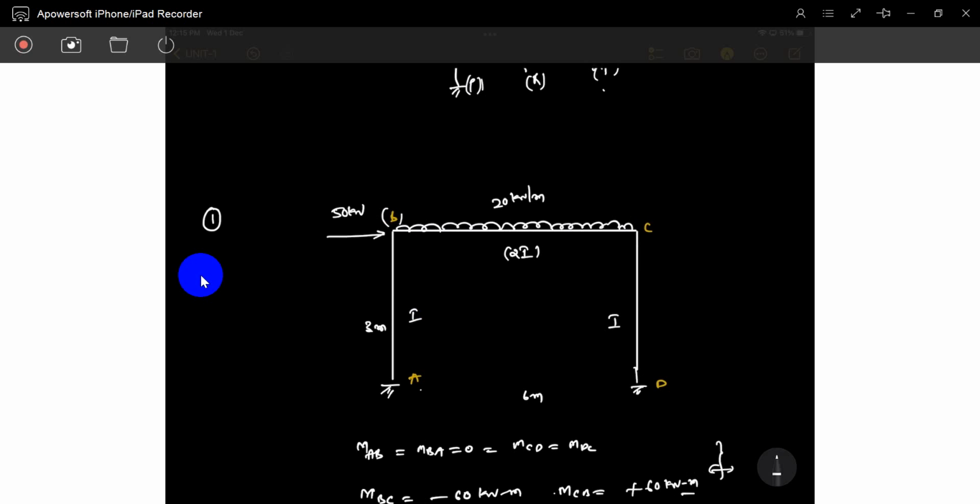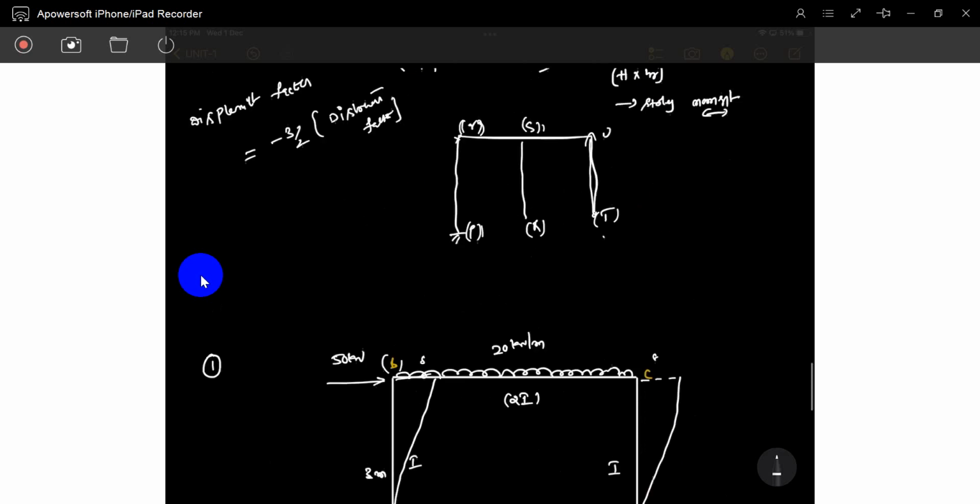Are you understood? Just observe how it is displaced. It is displaced like this, no? Displaced like this. So you have to take what is the stiffness.